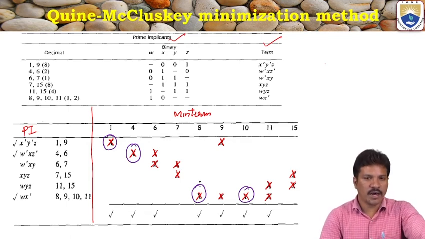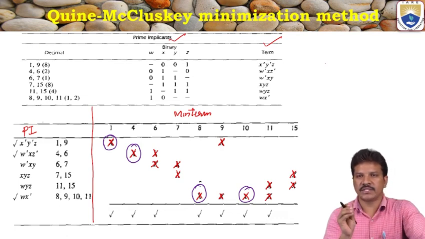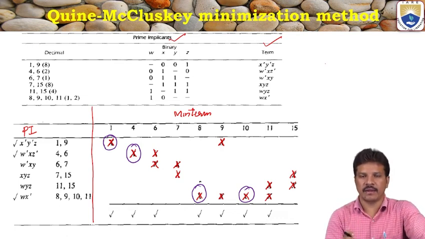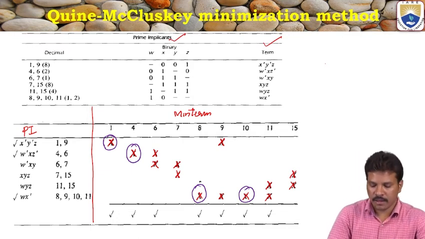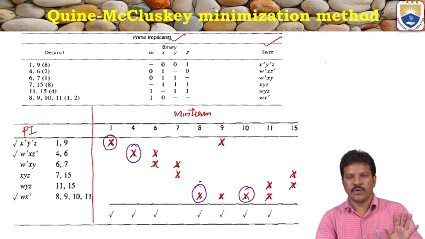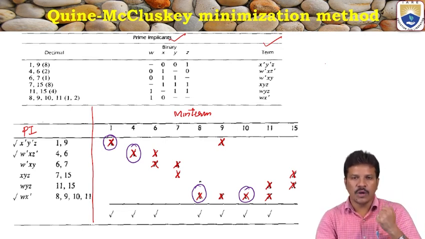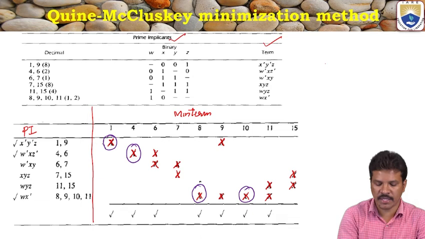So, which prime implicants cover the essential prime implicants? Essential prime implicants are related to the prime implicants. Now we will see which prime implicants will be counted into the final minimized Boolean function from the essential prime implicants. First essential prime implicant, this one.